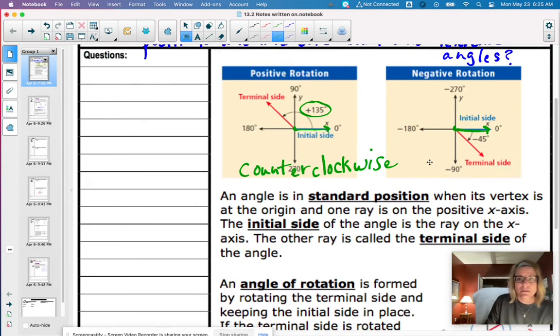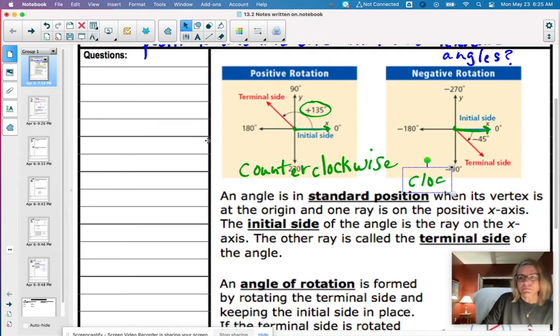So over here on this one, this would be clockwise. Let's write that.